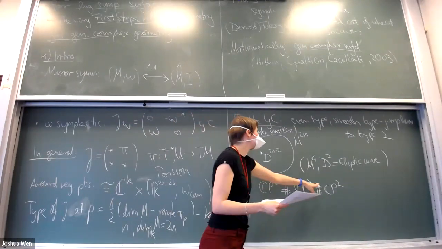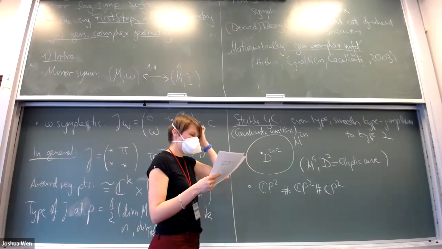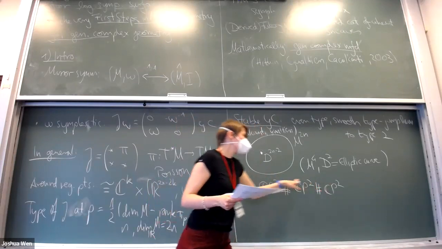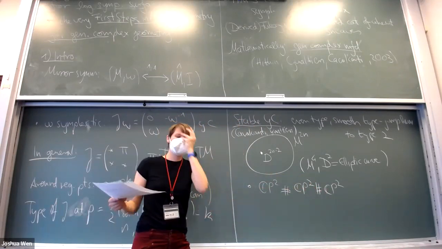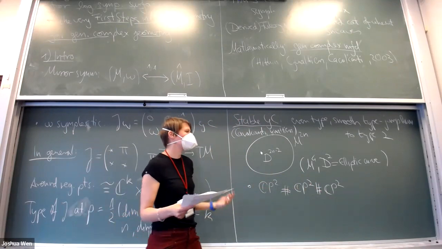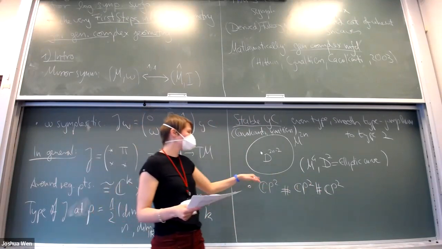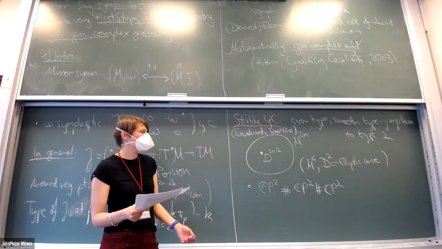And the way to prove that this is neither complex nor symplectic is as follows. For complex surfaces, this is a compact complex surface if it was complex. But those are classified. There's the Kodaira classification, and you can check that this doesn't fit into anything in the Kodaira classification, so it can't be complex.